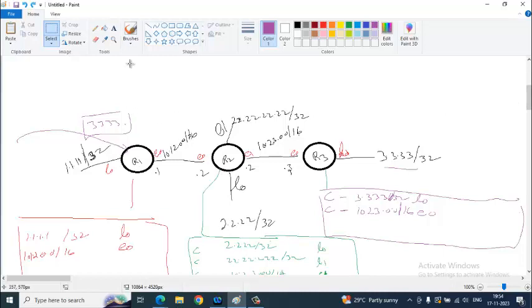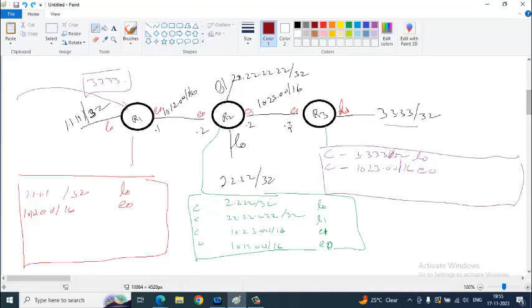See, saying how to exit is one method. Another method is saying which address to deliver to. Which one is good? Actually, both are good. If you know the next router's address, you give the next router's address.